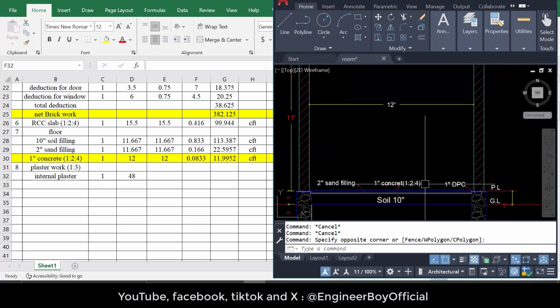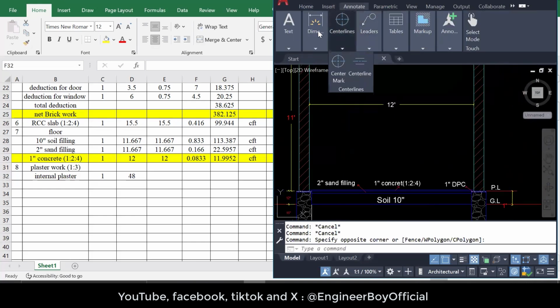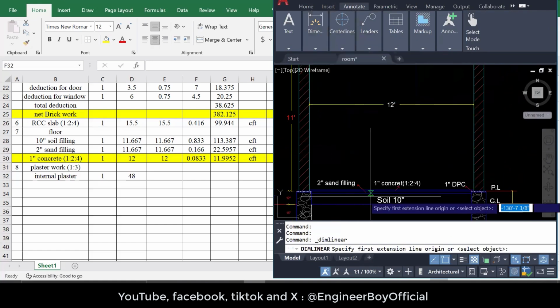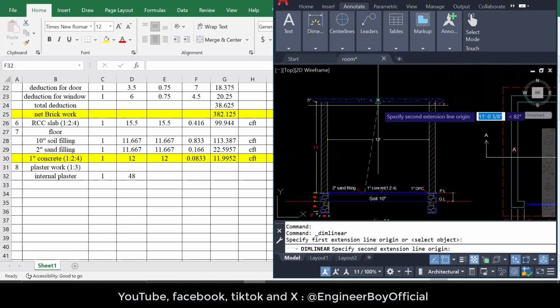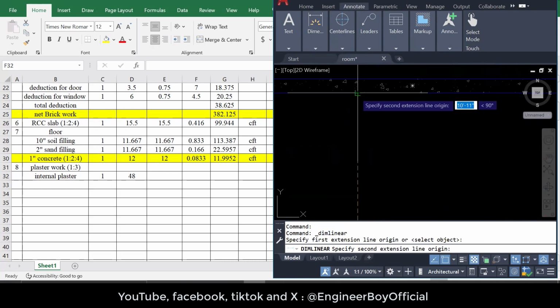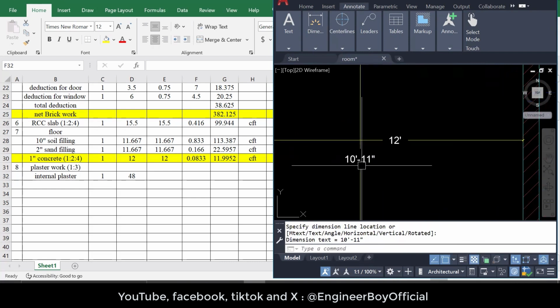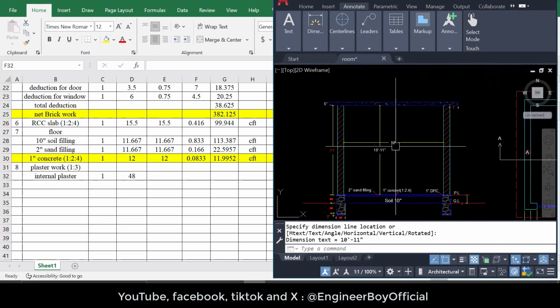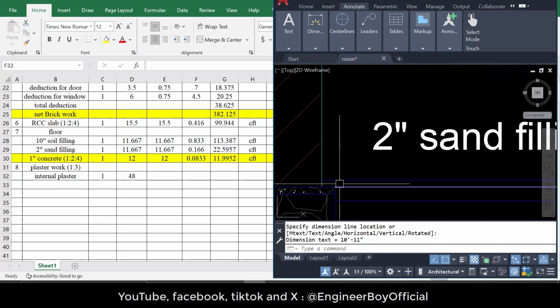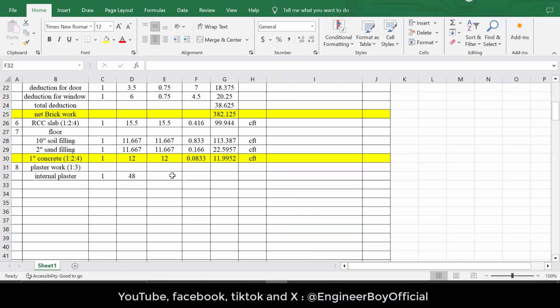Now let me confirm it by linear. This can be a little bit less than the 12, up to this point maybe, and that is actually 10 feet and 11 inches, because 1 inch is already covered by the concrete work. So 10 feet and 11 inches, I mean 11 by 12, which is 0.9, plus 10, so we have 10.916, which is the height.